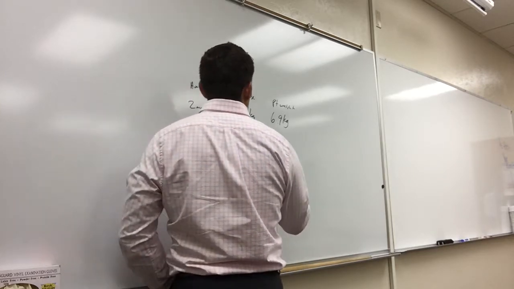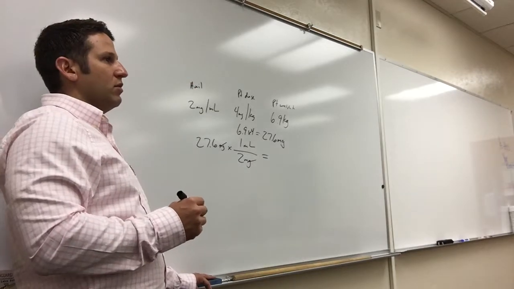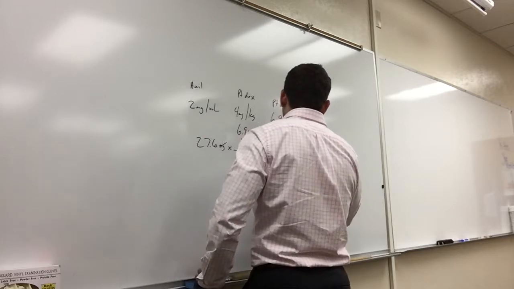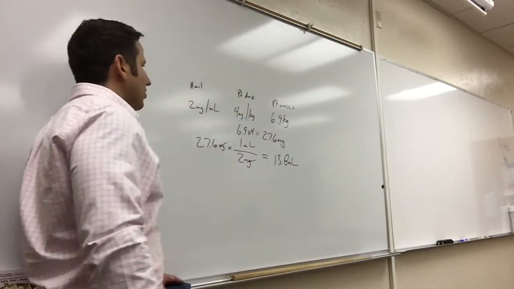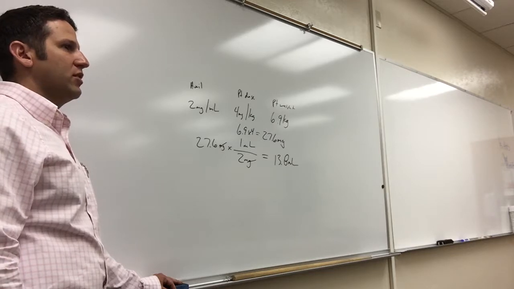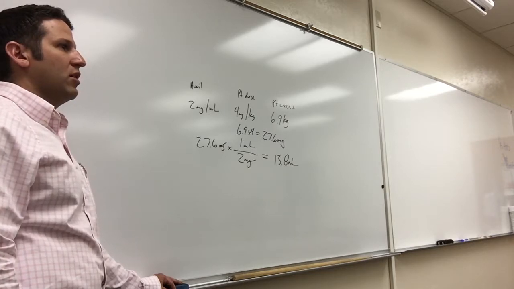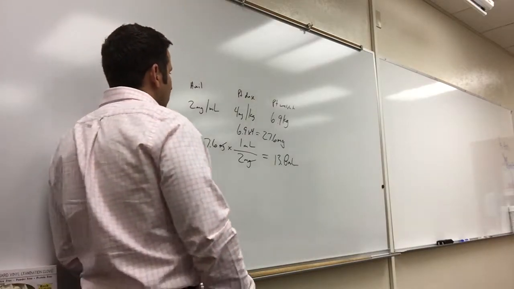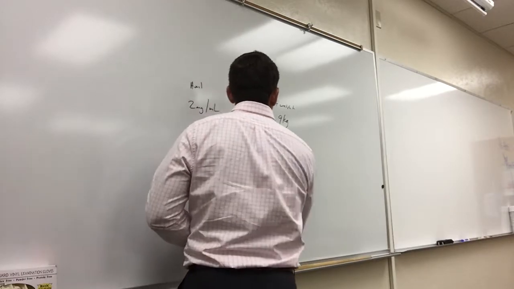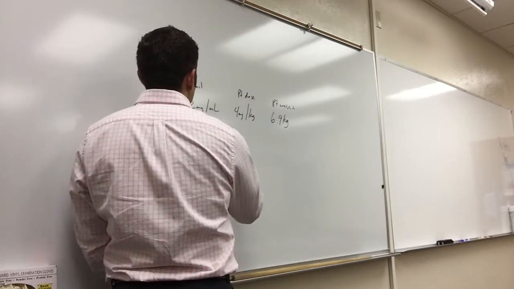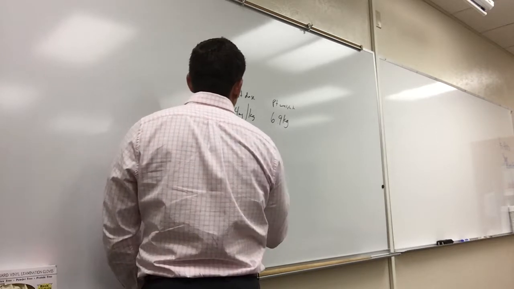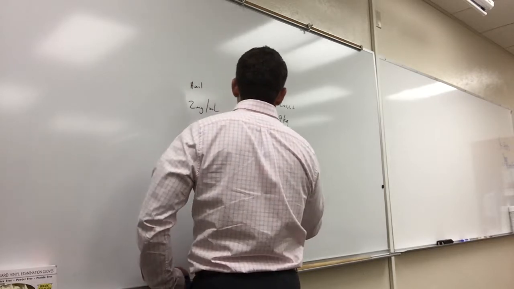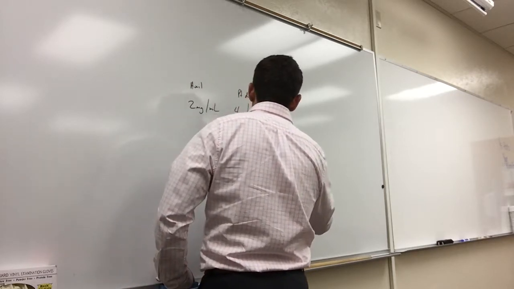27.6 times 1 divided by 2. How many mLs is that? 13.8. 13.8 mLs, so there it is. Okay, so that's what I got, but I did 1 mL over 2 milligrams times 4 milligrams over 1 kilogram, and then 1 mL.